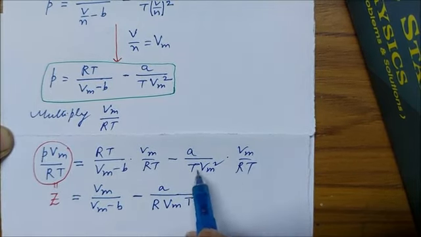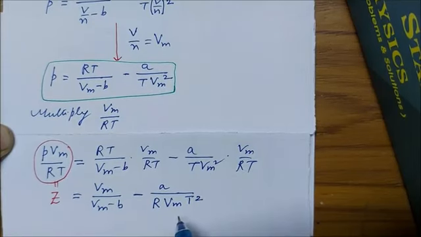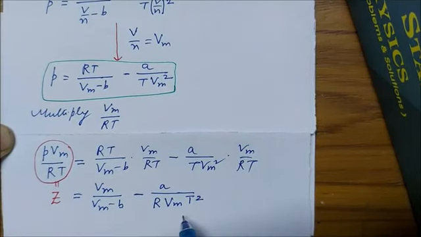This Vm will cancel out one Vm and we have this expression.